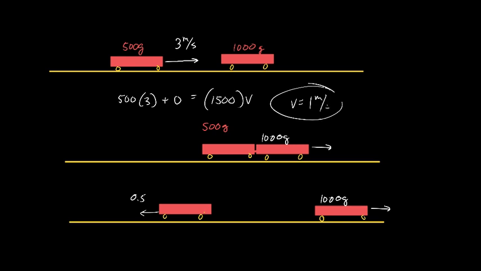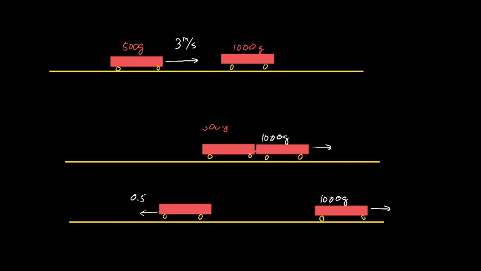All right, so if I ask you for the velocity of the center of mass of the system, I will remind you that for the system, the momentum of the system is just the sum of the momentums. There's only 2 objects here, but this would be for as many objects as you have. But it's a vector sum.